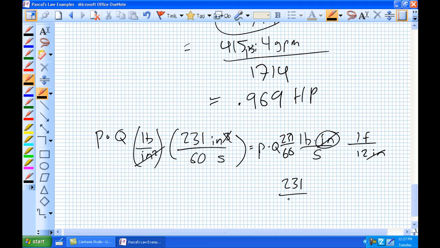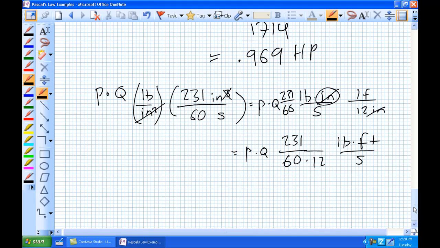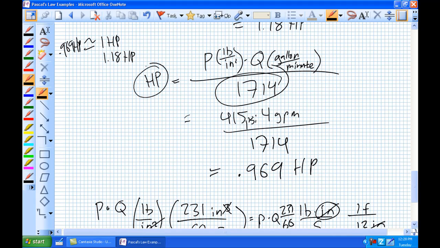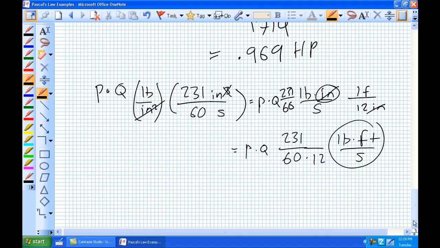So now we're left with 231 divided by 60, and in this particular case divided by 12, foot-pounds per second times our original flow numbers. We're left with foot-pounds per second, which is a unit of power. But our formula gives us our value in horsepower, so we've got to go ahead and convert that. P times Q, 231 divided by 60 times 12.